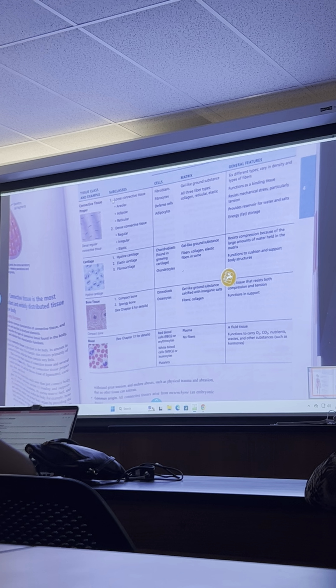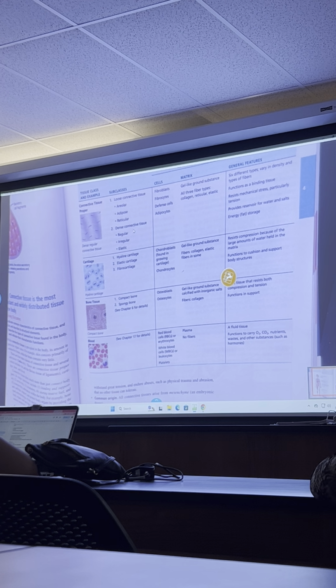You also have loose adipose connective tissue proper. And in the spleen and other places, you have loose reticular connective tissue proper. So those are your loose ones, and the most common is areolar.